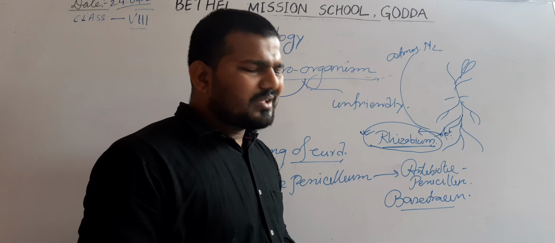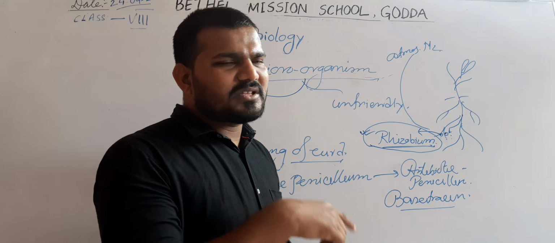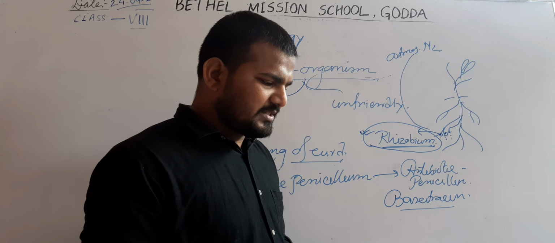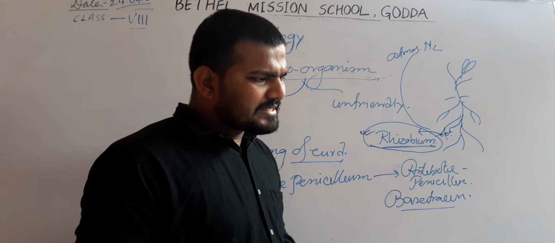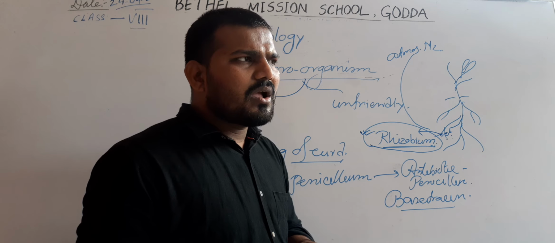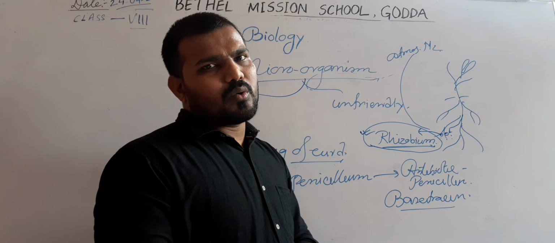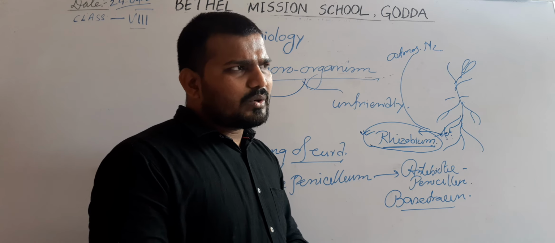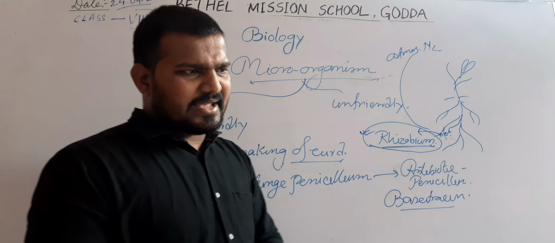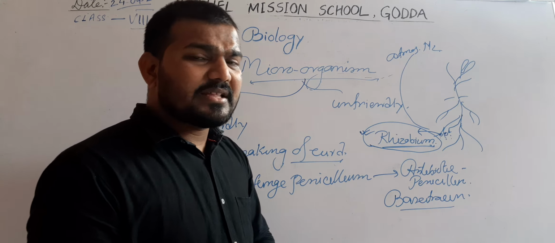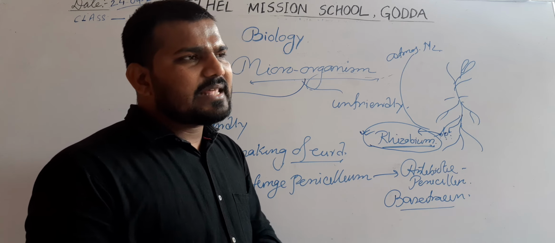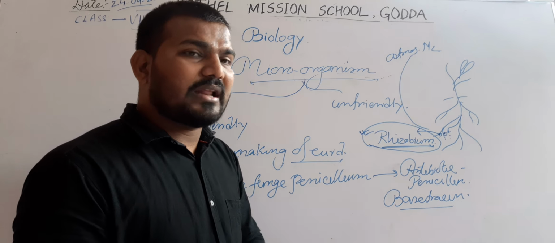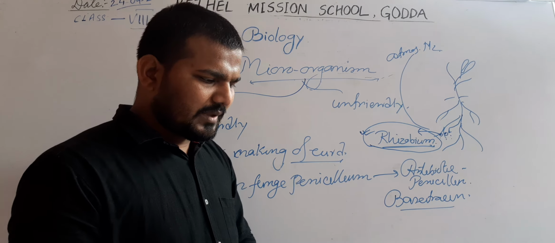Another one is contamination through the air. It is also indirect transmission. Now, some insects also play an important role in the spreading of disease. We know that the housefly is an insect which helps to spread different types of disease. Generally, these insects are of two types. One is the vector, another is the carrier.